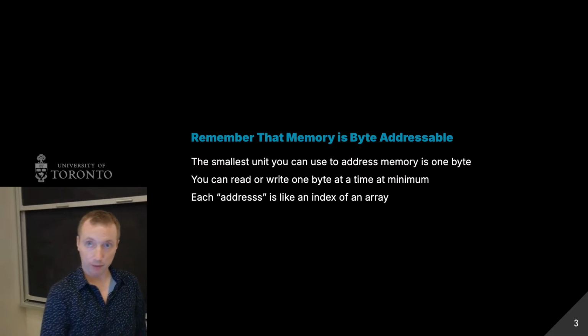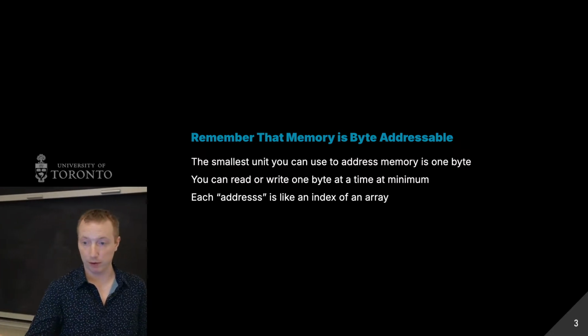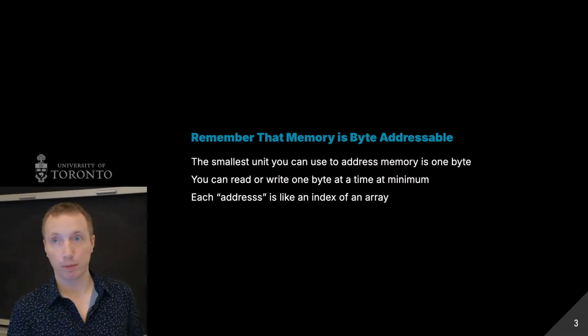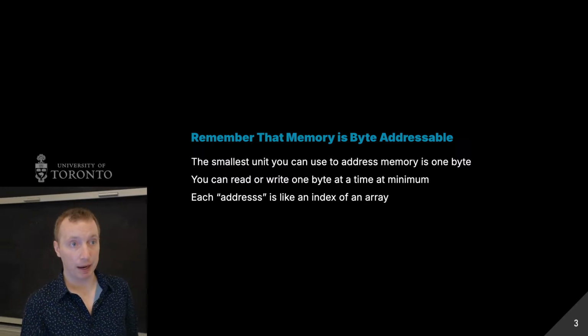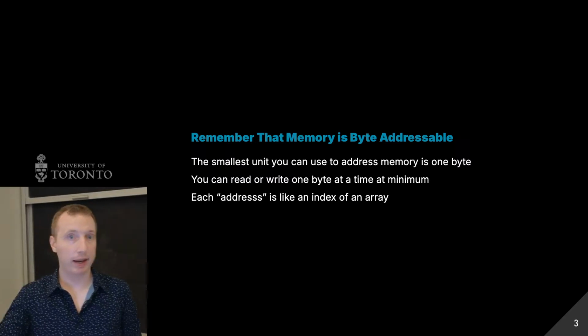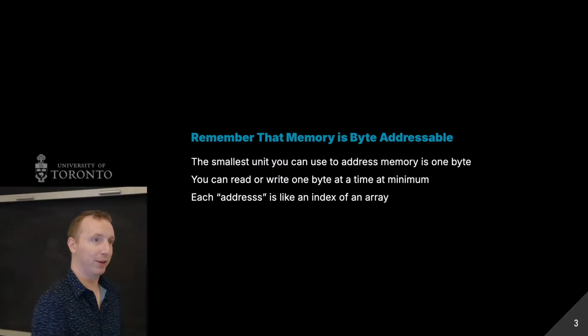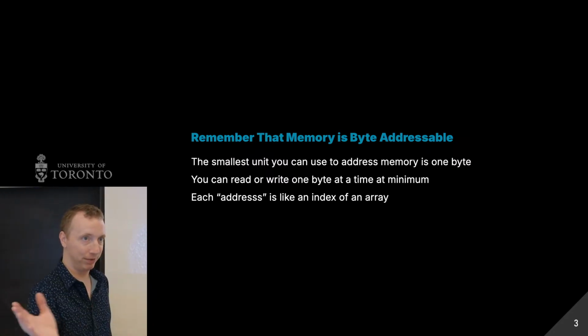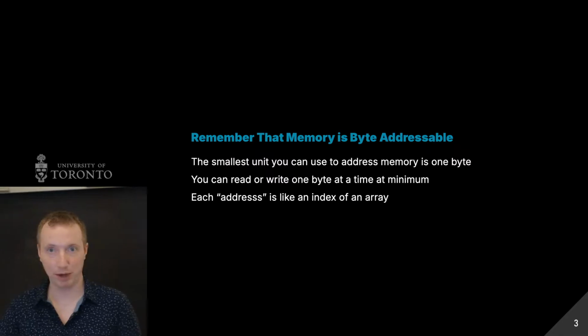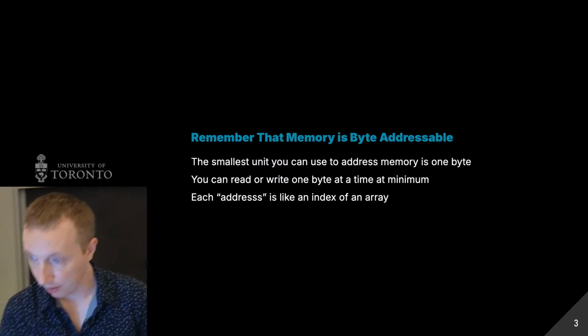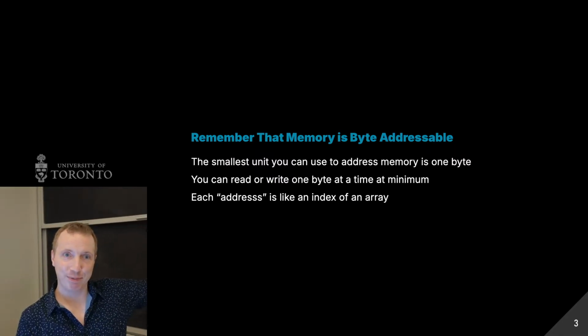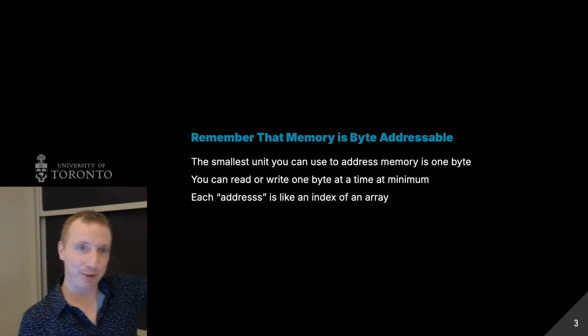Each different address represents a different physical byte. You can read or write 1 byte at a time at minimum. And the address is just an index into an array. Don't be scared of pointers. It's just an index into a big array of bytes. So everyone's on the same page: memory is byte addressable.